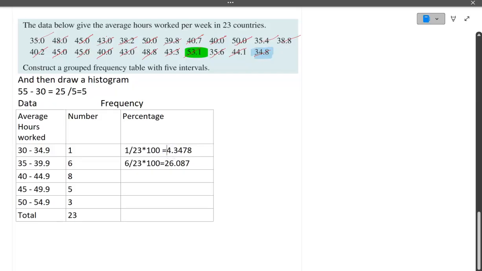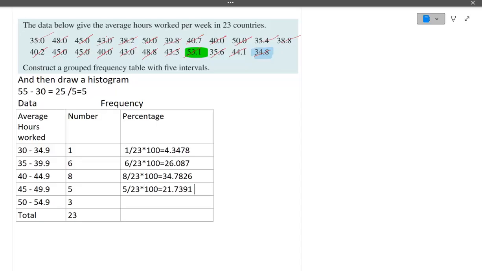Just keep that consistency. 8 divided by 23 times by 100, 5 divided by 23 times by 100, 3 divided by 23 times by 100.